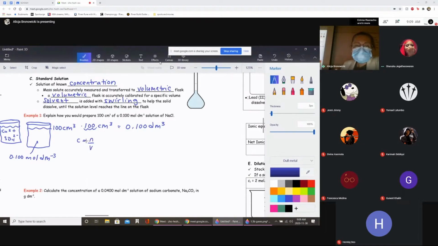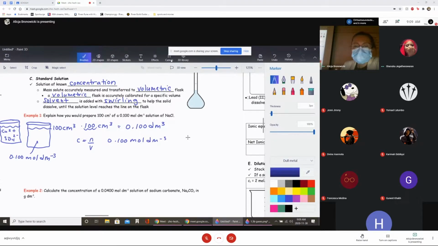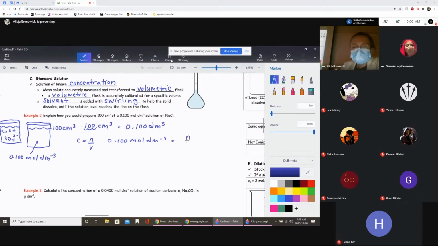Okay, so concentration equals number of moles over volume. So I want my concentration to be 0.100 mole DM minus 3. Okay. And I want my volume to be 0.100 DM3.